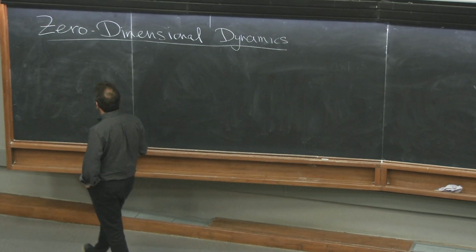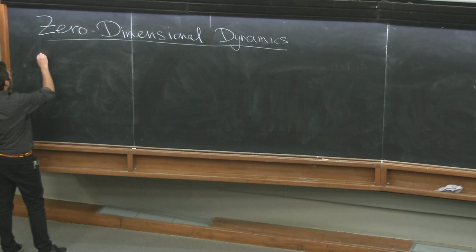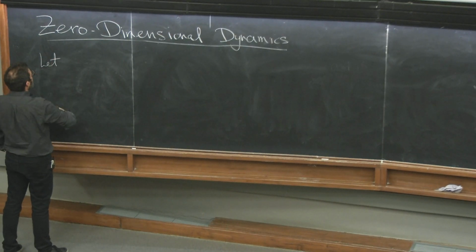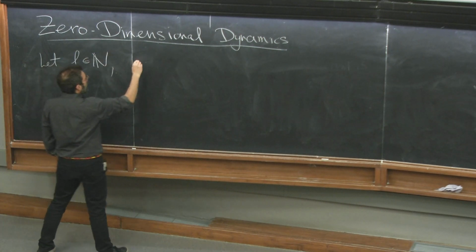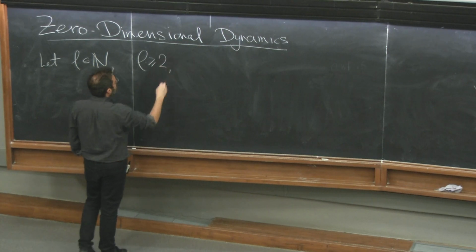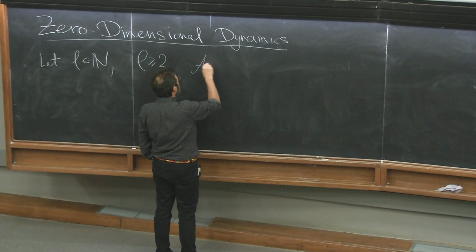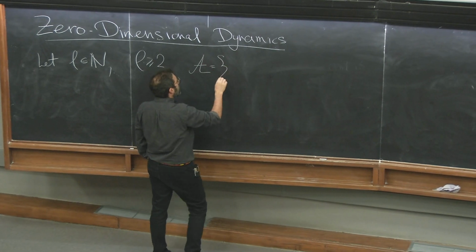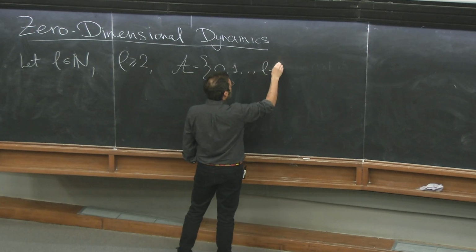So how do we define our set? We define it like this. First of all, we fix an integer L greater than or equal to 2. And then we introduce just the space A, which is just the space of L symbols, 0, 1, up to L minus 1.